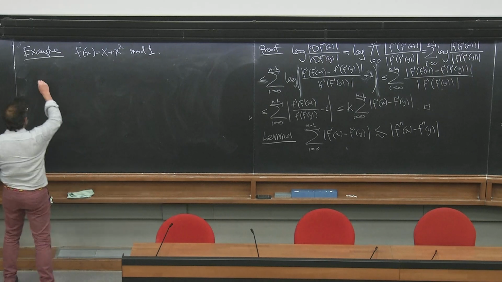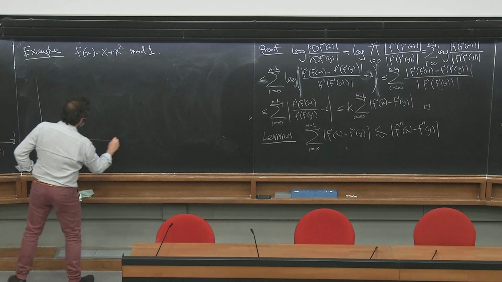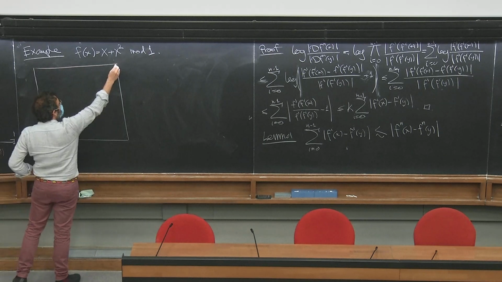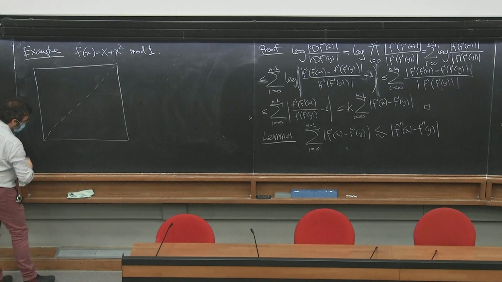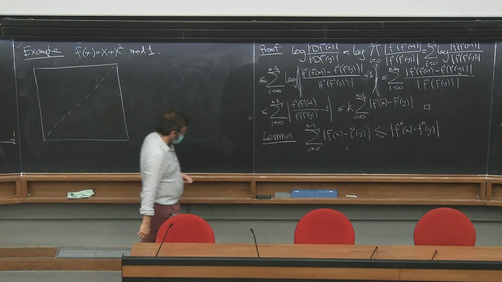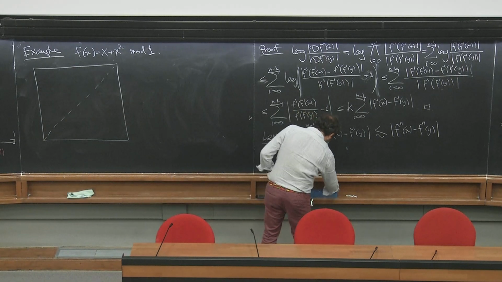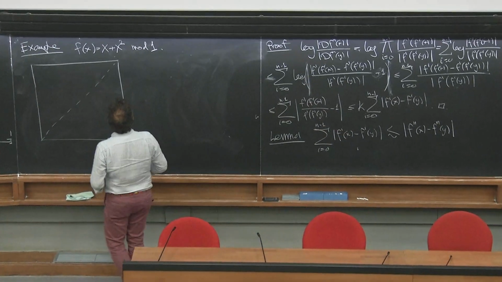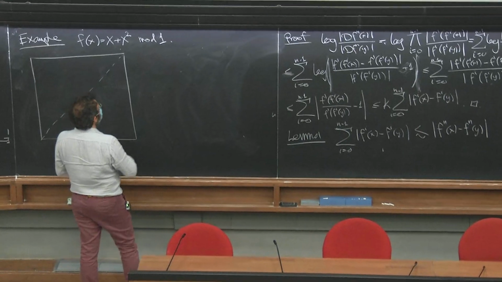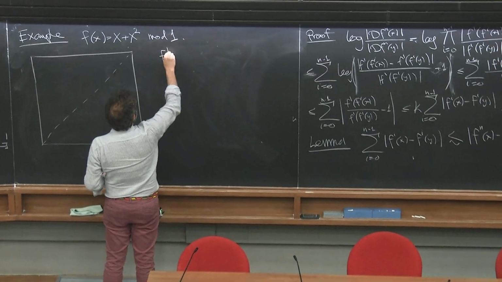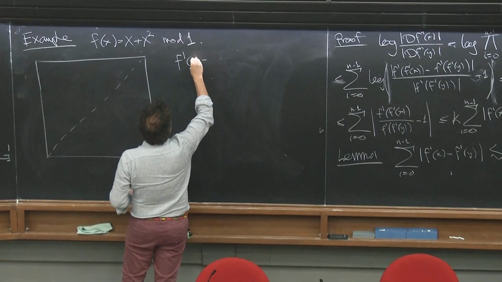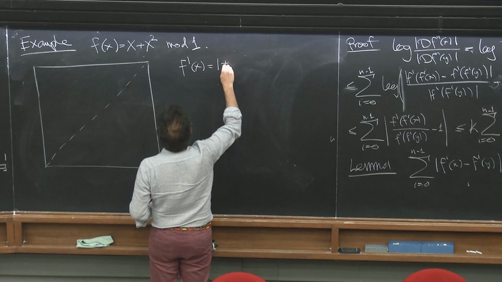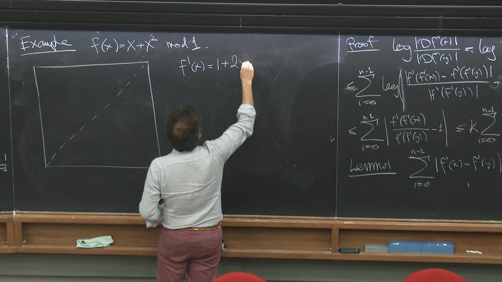What does this map look like? So the derivative of this map is 1 plus 2x.